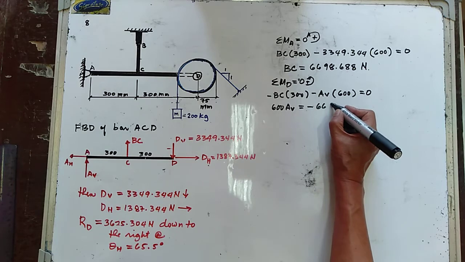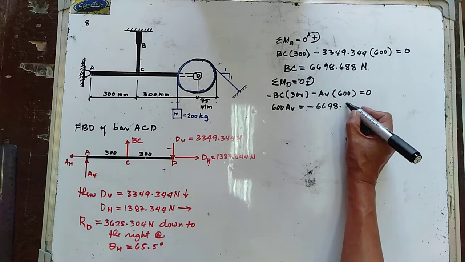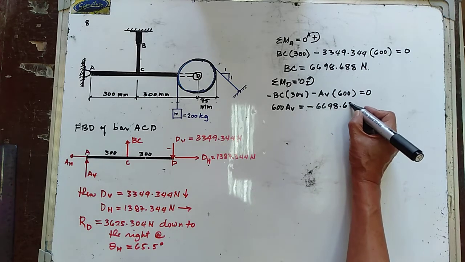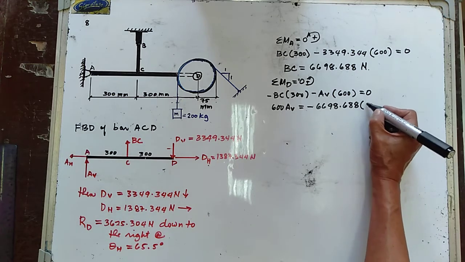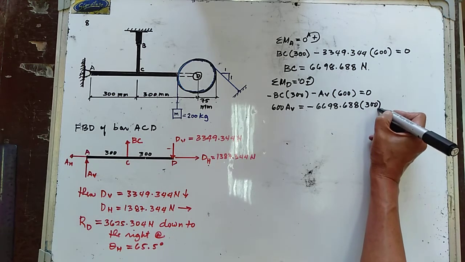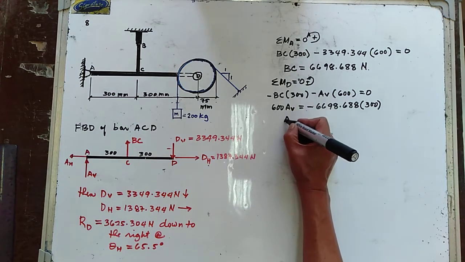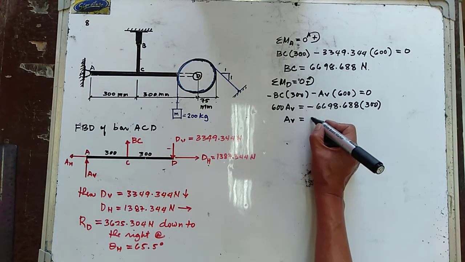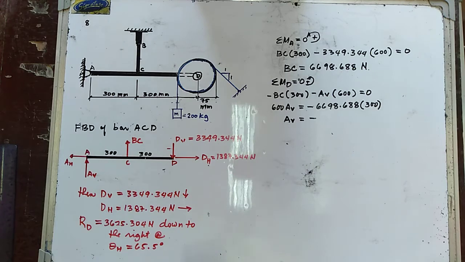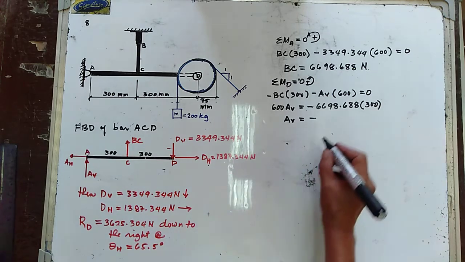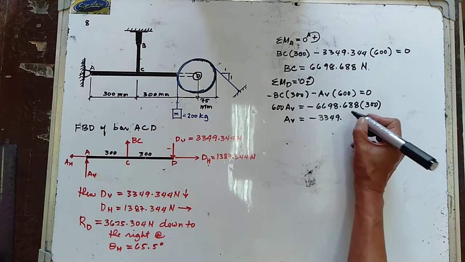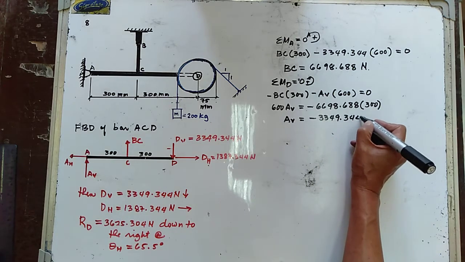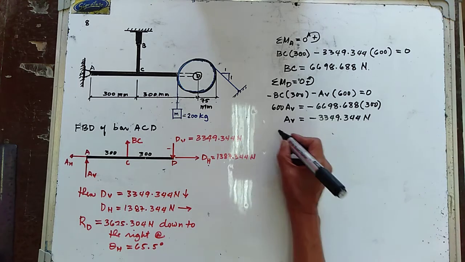Negative BC is 6698.688 multiplied by 300. Hence, the value of AV is equal to negative 3349.344 newtons.